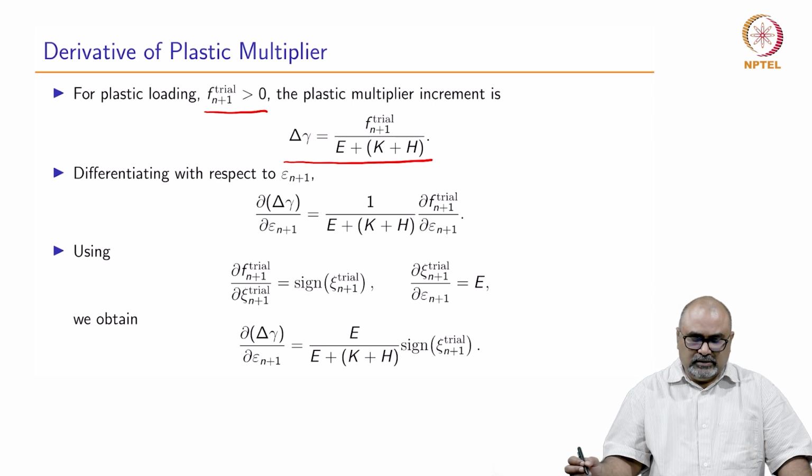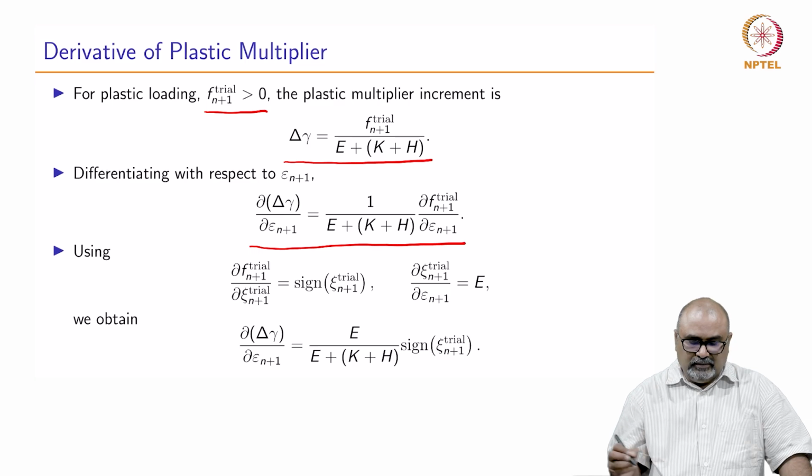Differentiating this with respect to ε_{n+1} will give us the linearization. So, we have ∂Δγ/∂ε_{n+1} equal to 1 by (E plus K plus H) times ∂F_{n+1} trial/∂ε_{n+1}.